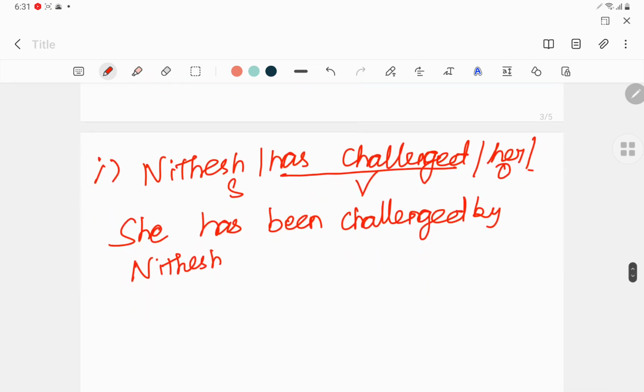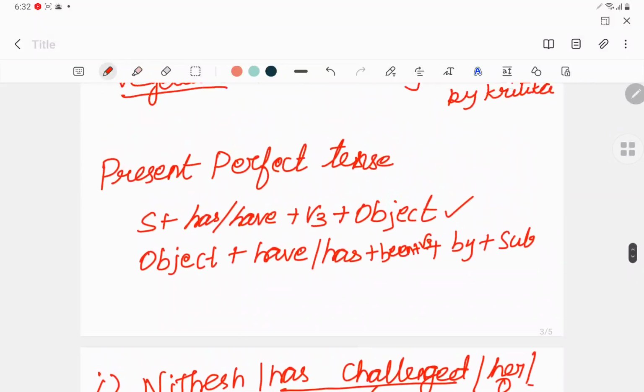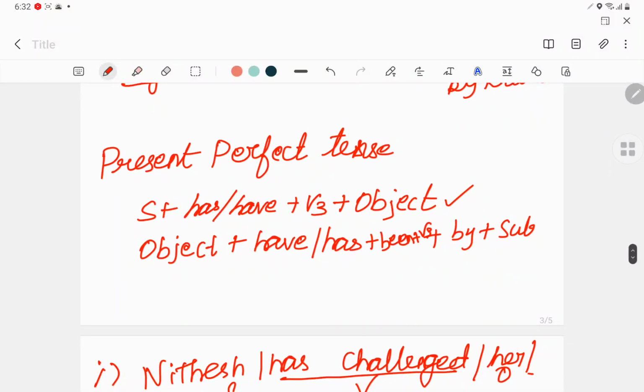Because I told you passive forms must have a third form of the verb. For the root verb you want to have a third form of the verb. So here as per the rules of changing passive voice, have or has plus been plus verb 3.